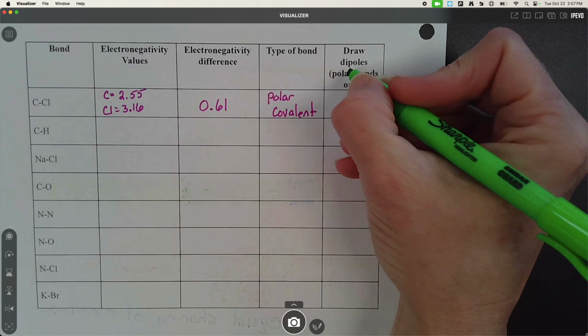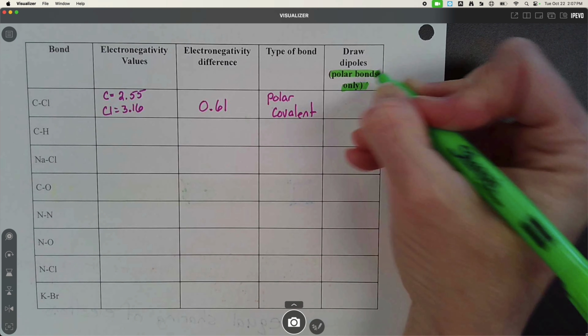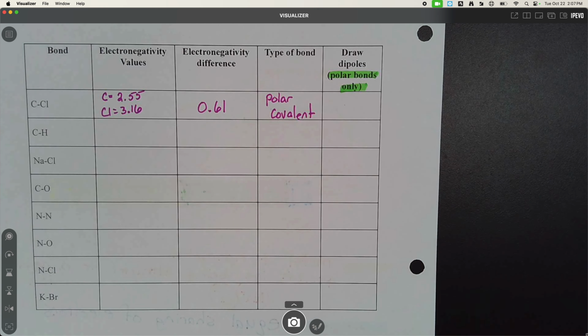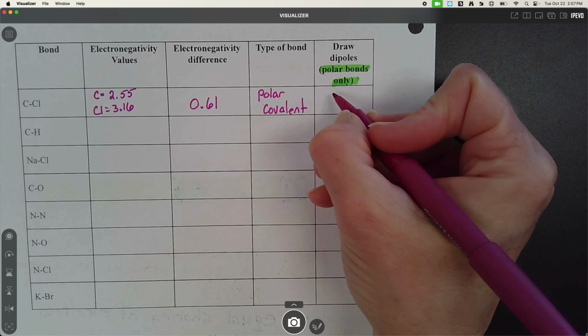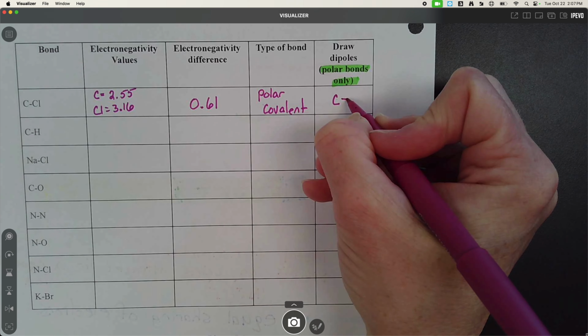And then anytime we have a polar covalent bond, we're going to draw the dipoles. So our bond is a carbon to chlorine bond.